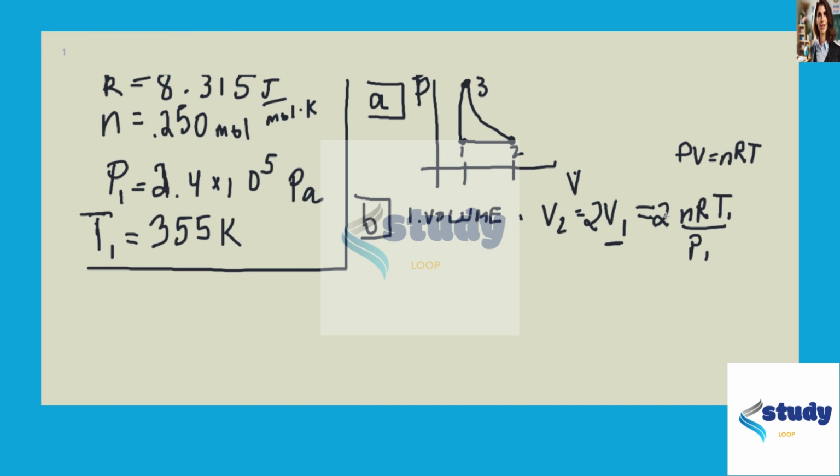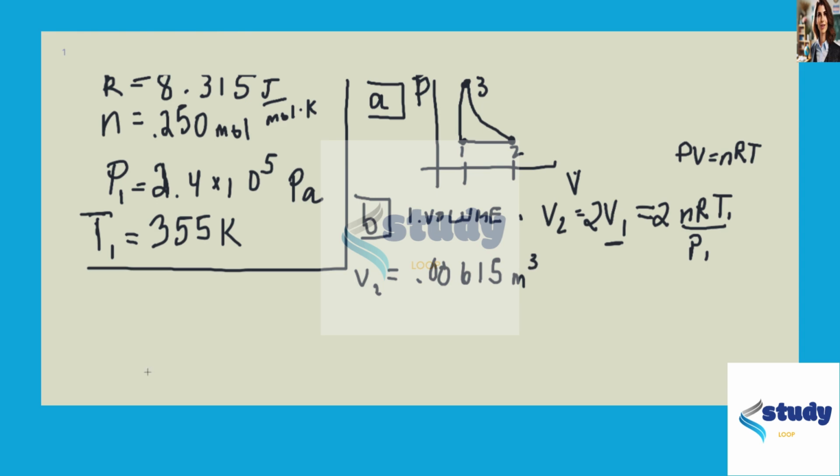So if you just take the numbers that I have in this box and plug them into this equation, you can get the volume at 2. When I calculated that, I got 0.00615 meters cubed.